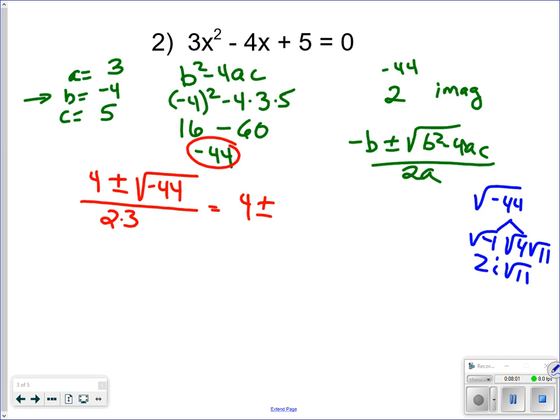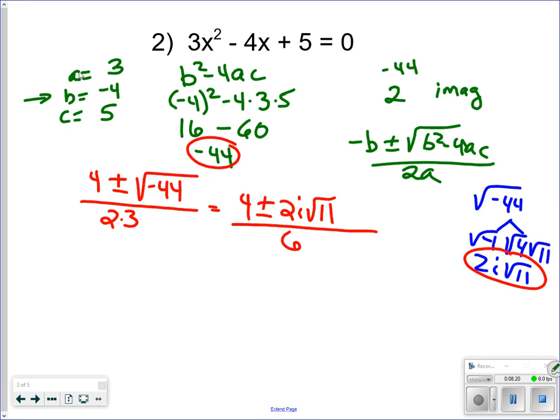So going back here, we've got 4 plus and minus this stuff. 2i square root of 11 over 2 times 3, 6. Now the last thing that we'll have to do to this actually reduces.